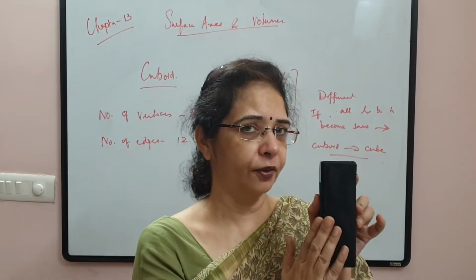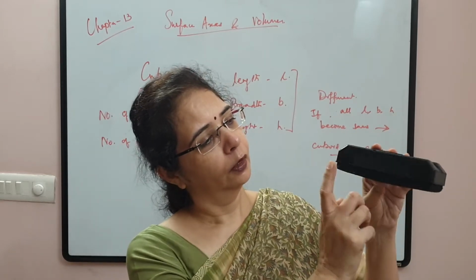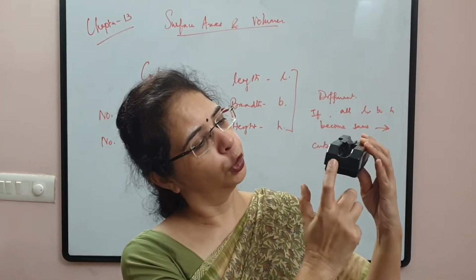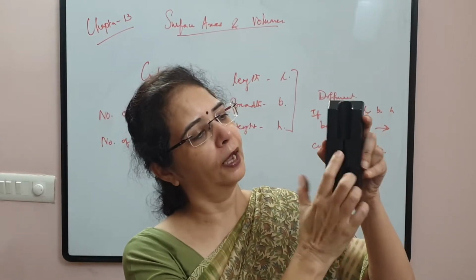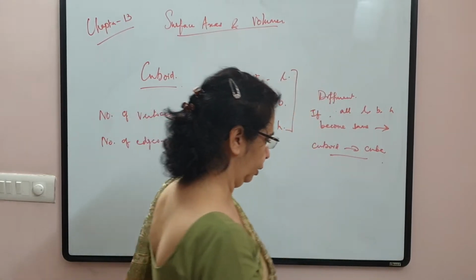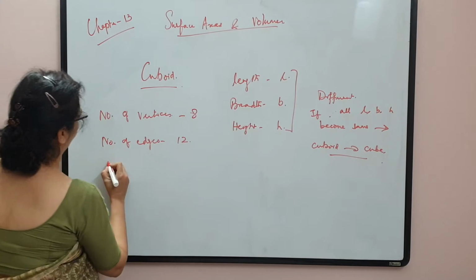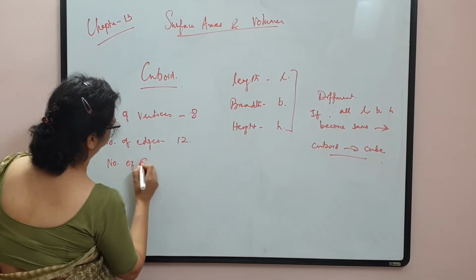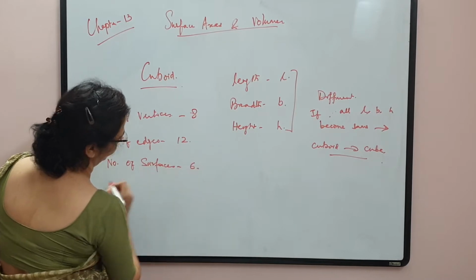So how many surfaces does the cuboid have? I'll again repeat. 1, 2, 3, 4, 5, 6. These are the 6 surfaces. So a cuboid has how many surfaces, children? Number of surfaces is 6, right?